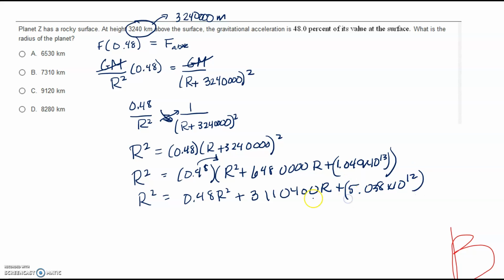Lots of room for error here because you're multiplying big numbers. So I'm going to combine my like terms so that I have 0. And what you're going to see is these are going to become negative and this is going to become positive. So the step I'm skipping is to multiply through by a negative. Because if I subtract this, I get negative 0.52, and I don't want my a to be negative. I want it to be positive.